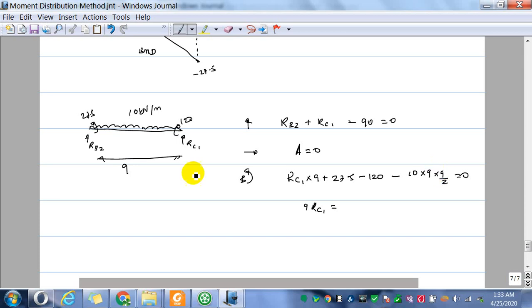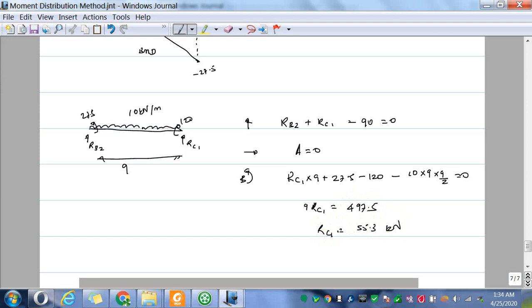This is 497.5, so RC1 is equal to 55.3 kilonewton.